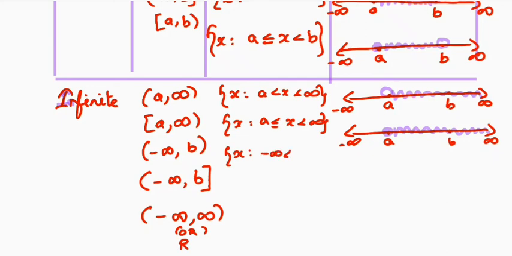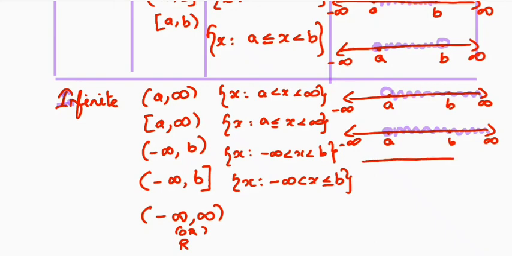And the next one, third one, it is a set of all x such that minus infinity less than x less than b. This is set of all x such that minus infinity less than x less than or equal to b. In this interval, b is not included. Here b is included. Okay, so for the third one, the diagram is minus infinity to plus infinity. Here I marked a and b.